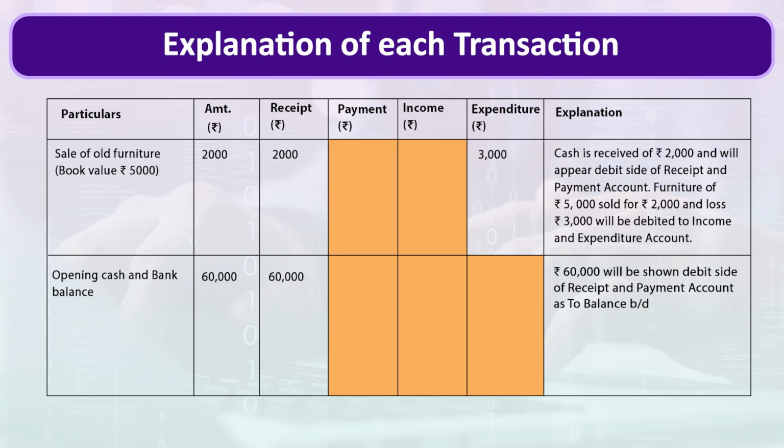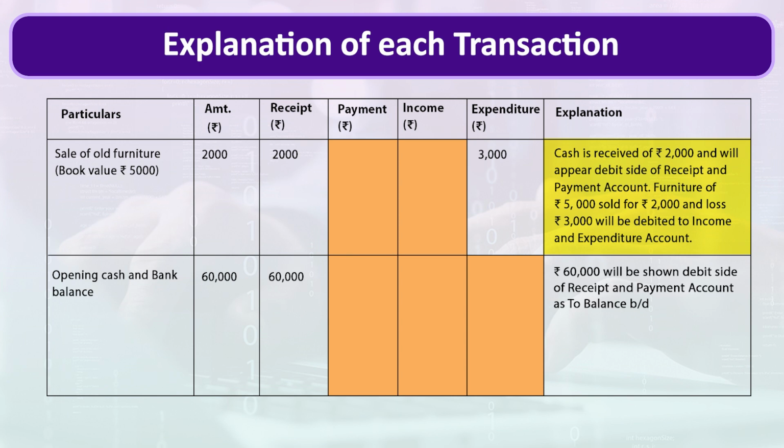The next item is sale of old furniture, the book value of which is rupees 5,000. The amount received is 2,000 rupees. Cash is received of 2,000 and it will appear at the debit side of receipt and payment account.